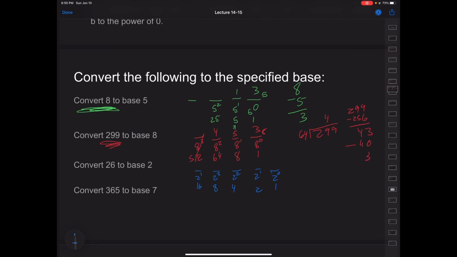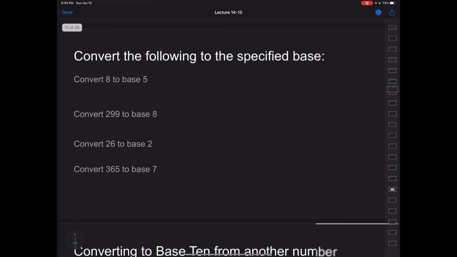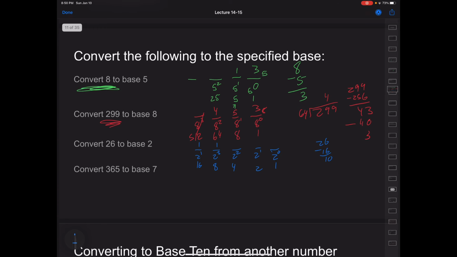Now let's see what 26 is in base 2. Well, we know there's 1 16 in 26. 26 minus 16 is going to be 10. We know there's 1 8 there, so we'll subtract our 8 and we'll get 2. There are no 4s in there, so we're going to have a 0 in that place.